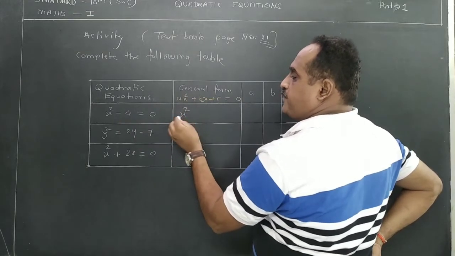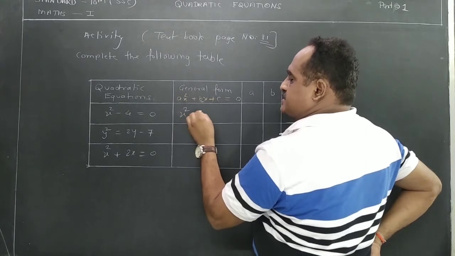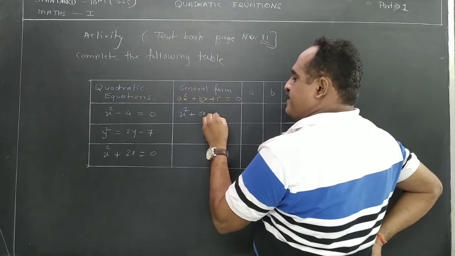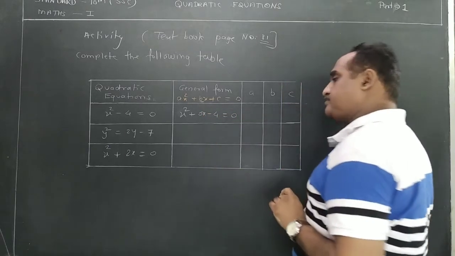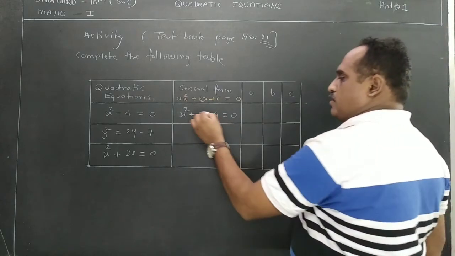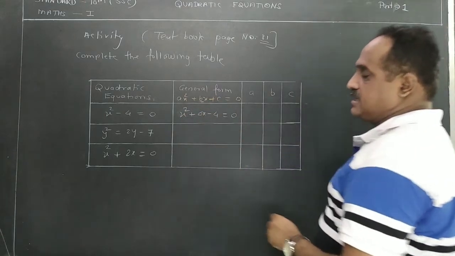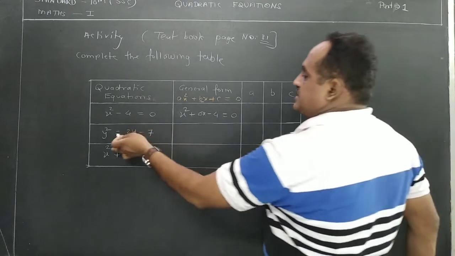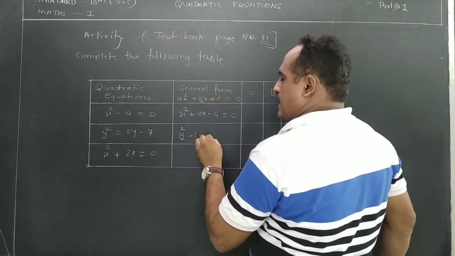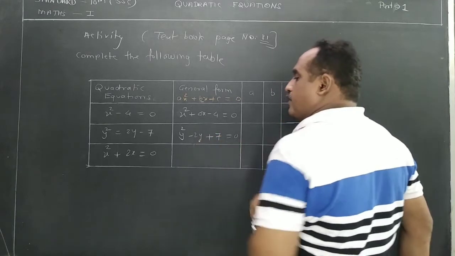X square plus 0x minus 4 is equal to 0. Is it right? 0 does not have any sign, plus or minus. If you are putting minus, it makes no difference. And here, this equation you can write what? Y square minus 2y plus 7 is equal to 0.